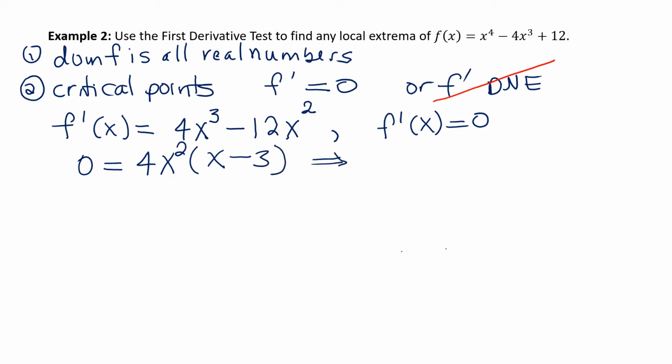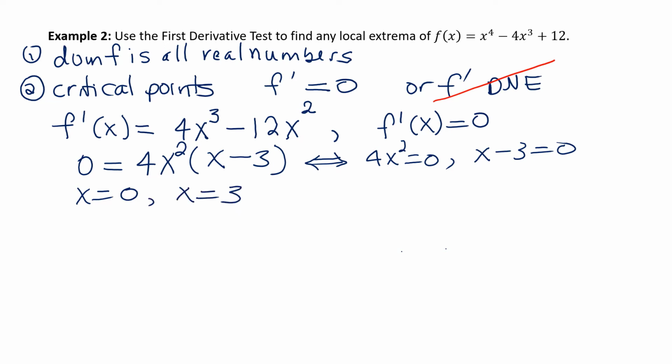This is exactly the same thing as saying 4x squared equals 0 and x minus 3 equals 0. So we get critical points at x equals 0 and also at x equals 3. These are the critical points.